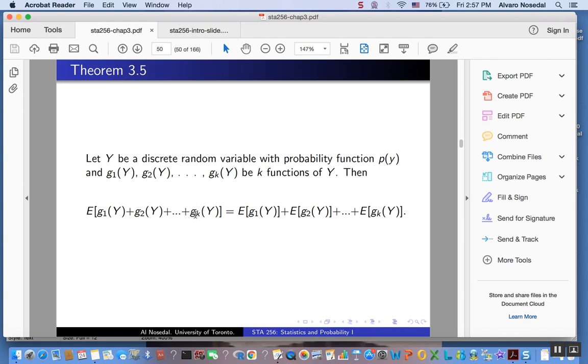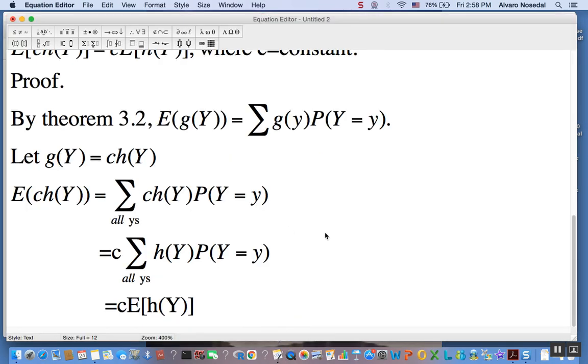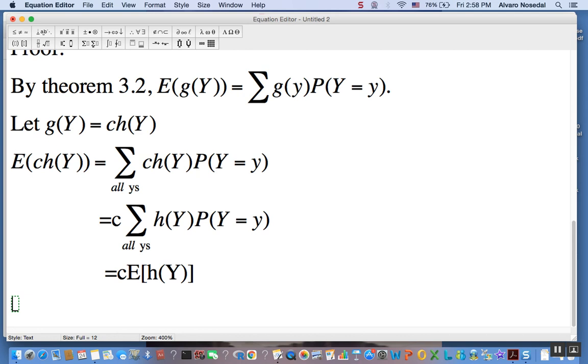We have k terms here. If you show something for 2, you are basically done if you do it by induction, right? Okay, anyway, we're going to be showing this in the case of 2, and you'll see. So theorem 3.5, that's our next result, third result or theorem, which is important.